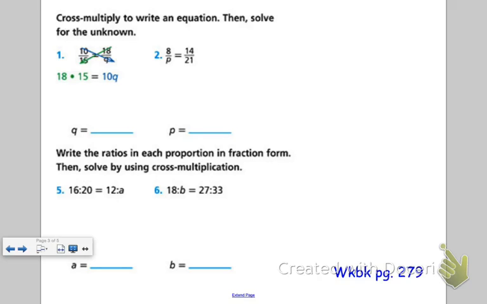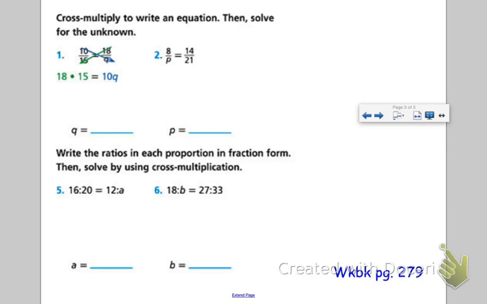So what does that mean for some of these proportions? If you look further on page 279, you can see that we're going to solve some proportions using cross multiplication and equations. So take a look at number 1. In number 1, we have 10 over 15, and that's equivalent to 18 over Q. This is a proportion. There's an equal sign there.